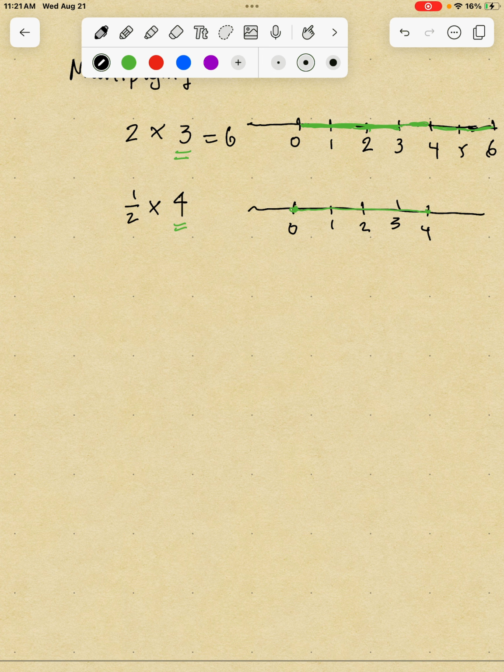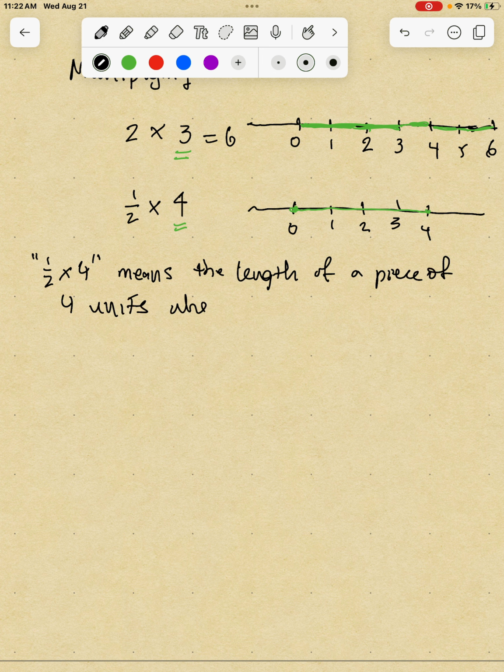Well, 1/2 times 4 is defined to be what I get when I take 4 and divide by 2, which means the length of a piece of 4 units when divided into 2 units of equal length.